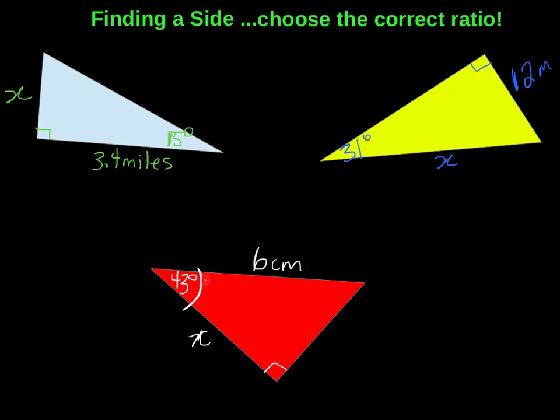This angle that you're given is 43 degrees. And this is the side that you're looking for. So take a minute, press pause, and see if you can solve for all the missing sides in this jack-o'-lantern of triangles.